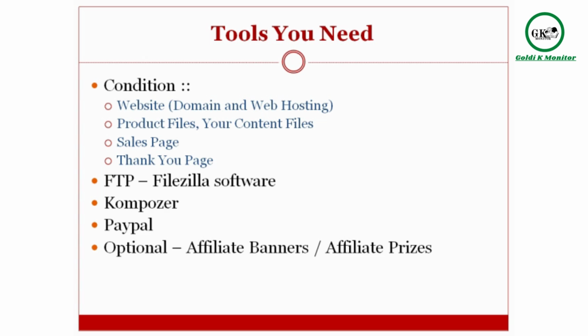Now, if you don't have these items, I will show you where to go to create these affiliate banners and so forth. And of course, a little patience. So with that said, let's move on to video number 2. And let me show you exactly what you need in terms of a product checklist. You gather all these items so that you're ready to implement everything onto the JVzoo platform.